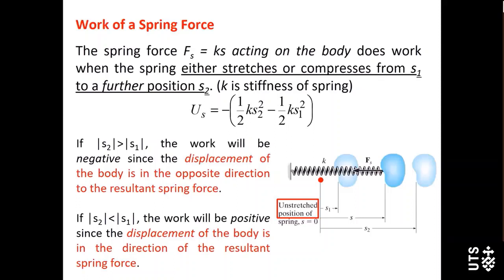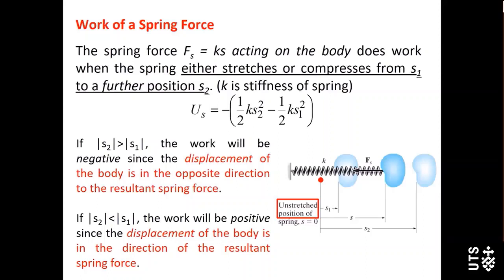Here, S is not the absolute length of the spring after it is stretched or compressed. S is the difference between the length of a stretched or compressed spring and the unstretched length of the spring.